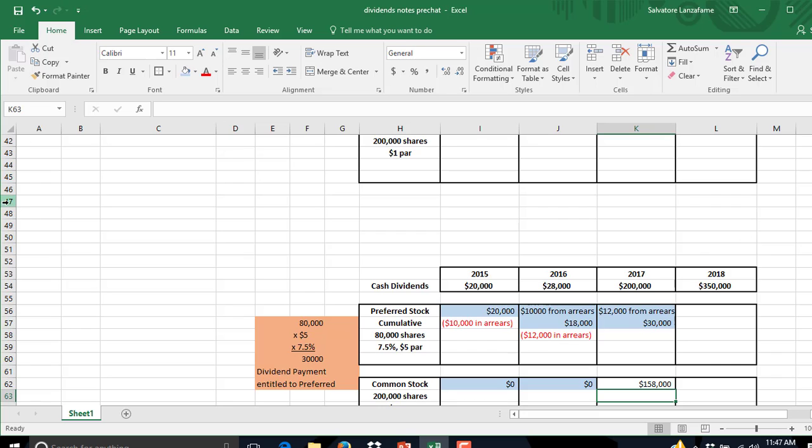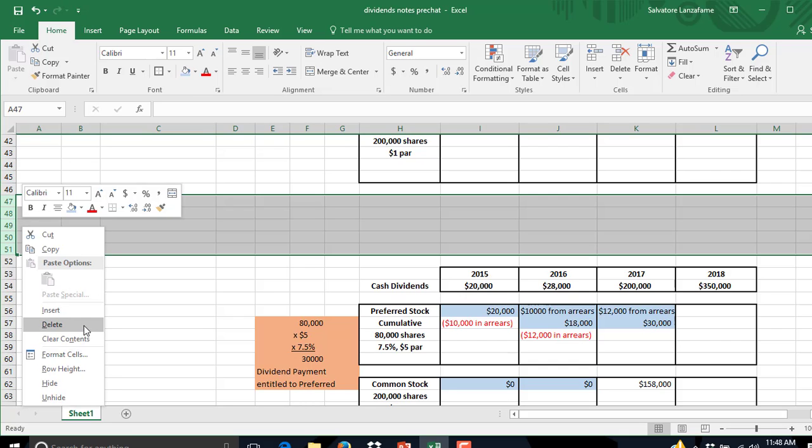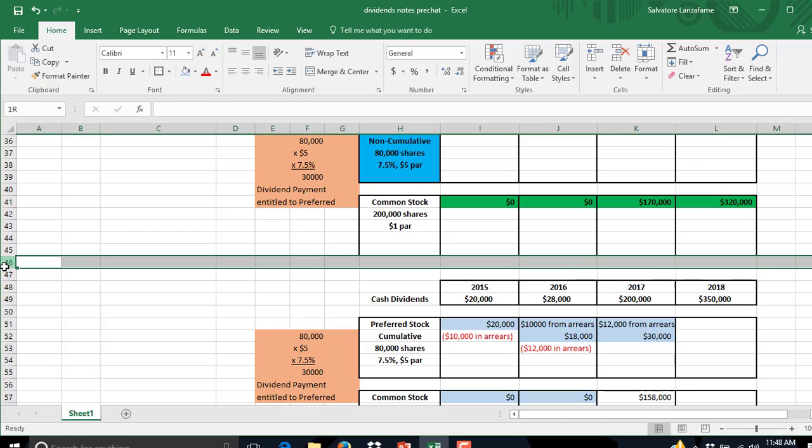Let's move these a little bit closer together so we can see them. Okay. So if the preferred stockholders have cumulative preferred stock, that's kind of like bad news for the common stockholders because preferred is going to get even more than what they were getting.